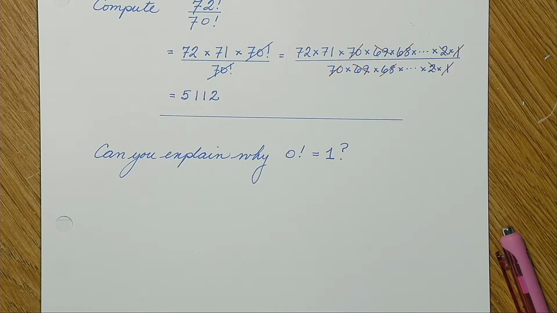Anything to 0 is 1? Anything multiplied by 0 is 1?